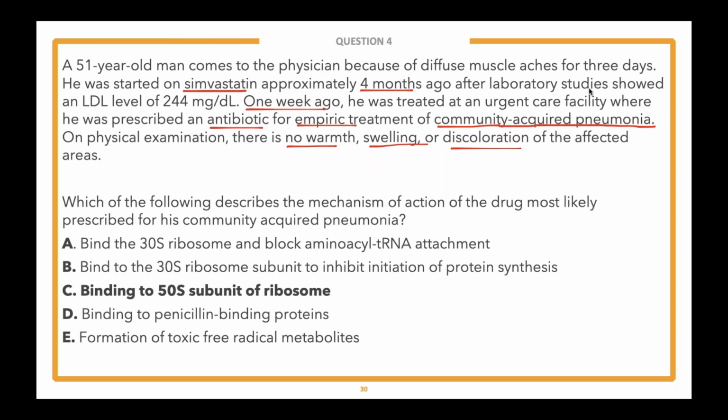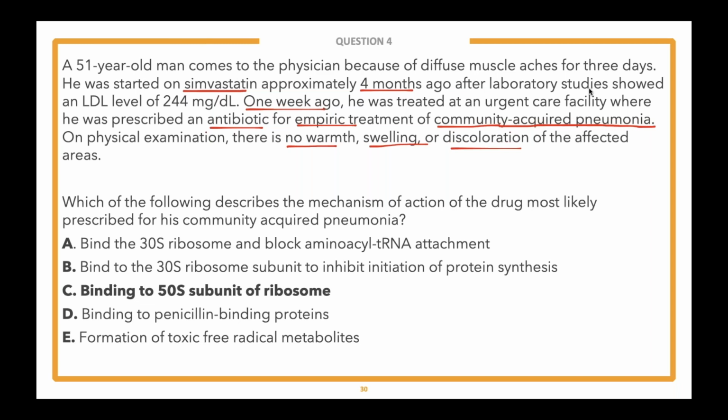Okay, so in this case, we're looking for an antibiotic with two features. Number one, it needs to block that cytochrome P450 system, which is going to increase the toxicity of the simvastatin he's been on. And number two, we need to pick one that we also use to empirically treat community-acquired pneumonia. What that brings us to is our macrolide class of antibiotics.